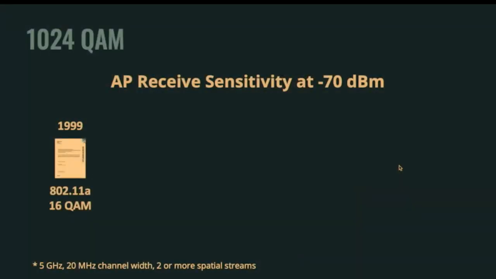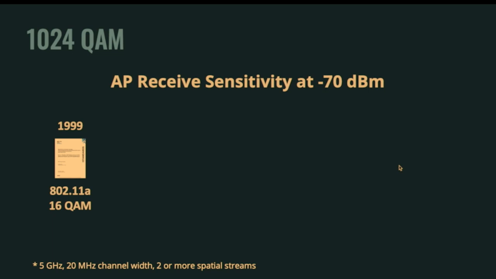So, why is this? One of the reasons is that the AP receive sensitivity is through the roof with modern APs. If we look at some from Cisco, and this is true for other vendors, but I'm going to talk about Cisco because they publish big tables of the receive sensitivities of their APs.